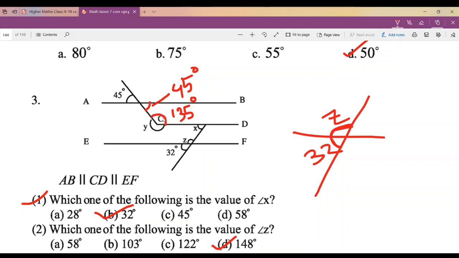So this is 135 and this is Y, and we know the total angle is 360.